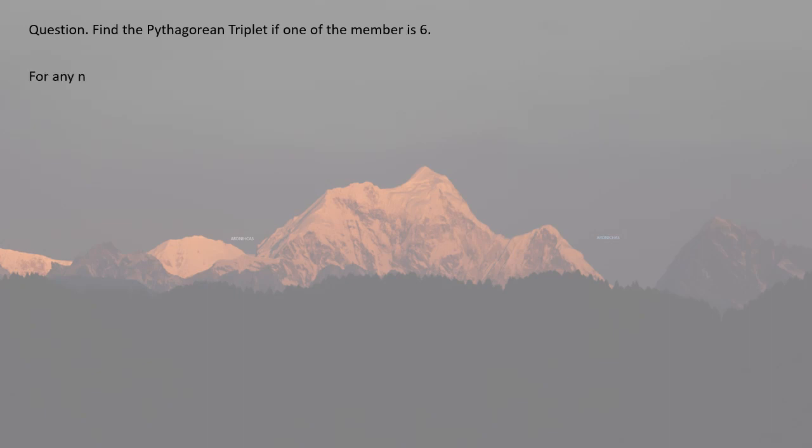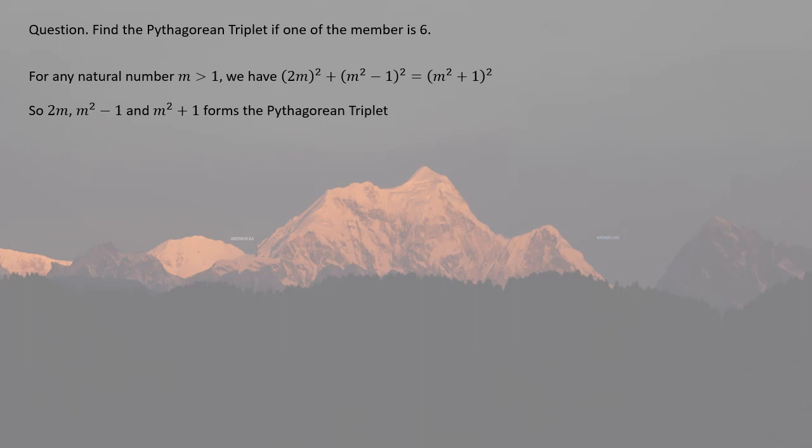Before we proceed, we must find out the value m, any natural number, which will satisfy this equation, that is 2m square plus m square minus 1 whole square equals to m square plus 1 whole square, or simply a square plus b square equals to c square. So by this statement we can say that 2m, m square minus 1 and m square plus 1 will form the Pythagorean triplet.